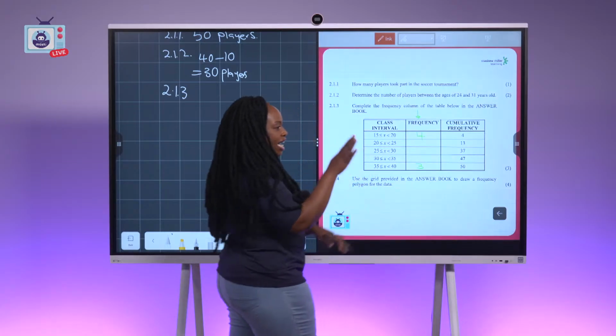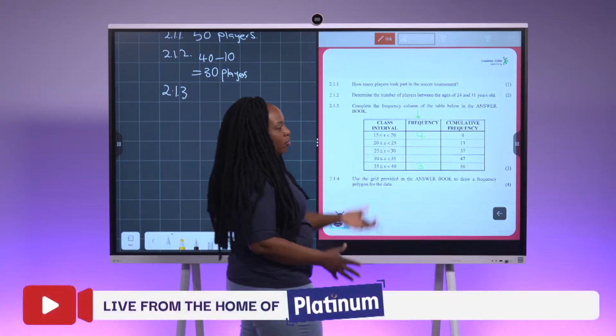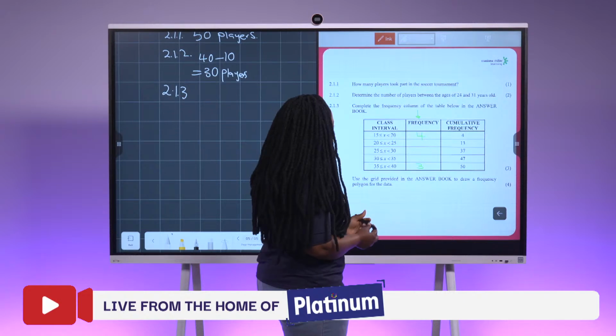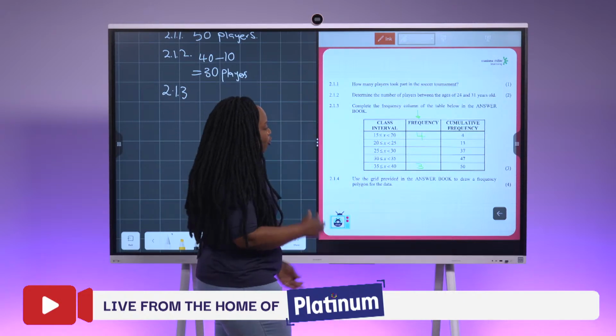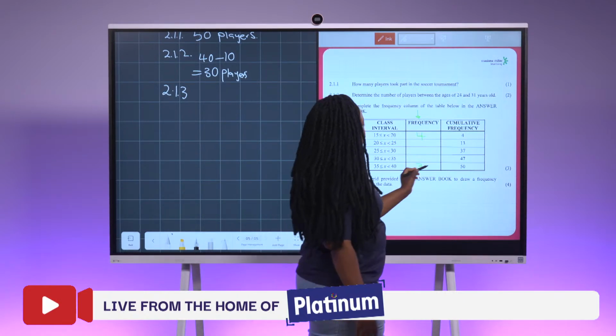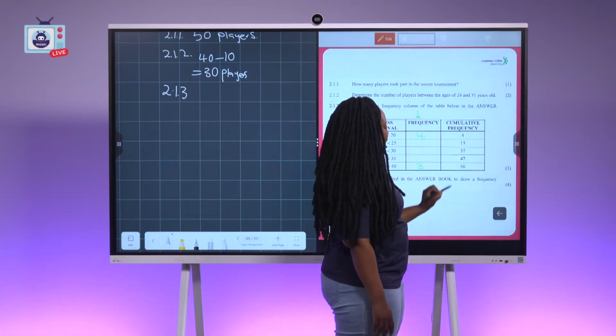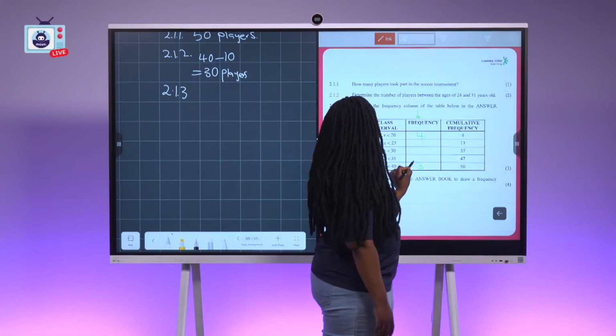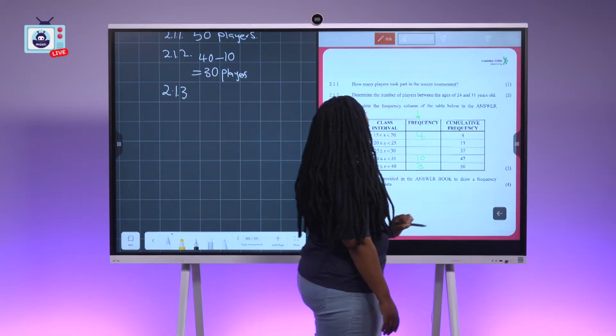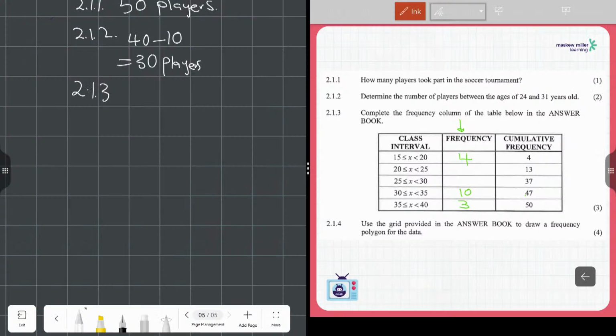So you can go either way, from the top down or from the bottom up. Here 47 minus 37 should give us 10. And then here, 37 minus 13 should give us 24.